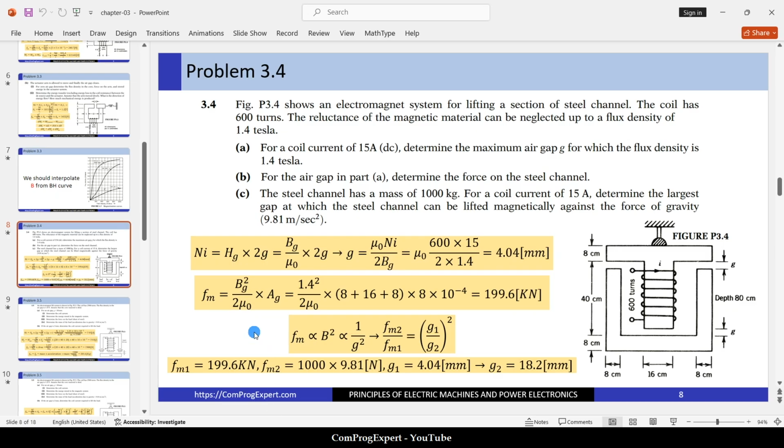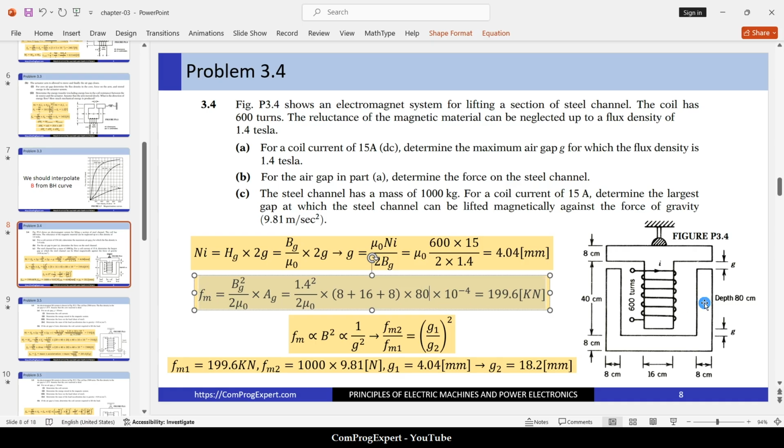So if we use this equation again, B gap to the power 2 divided by 2 times mu 0 times the area of the gap, we can replace these numbers. The value of the flux density in part A was equal to 1.4 Tesla to the power 2 divided by mu 0 times A, the depth of the problem.